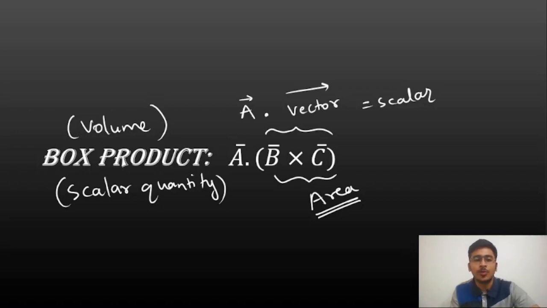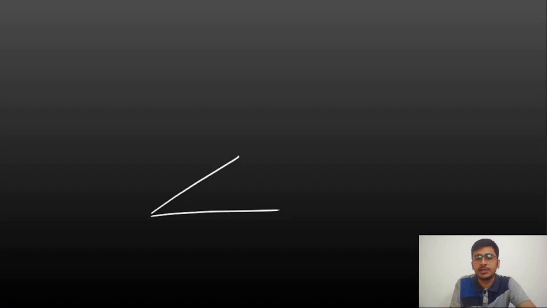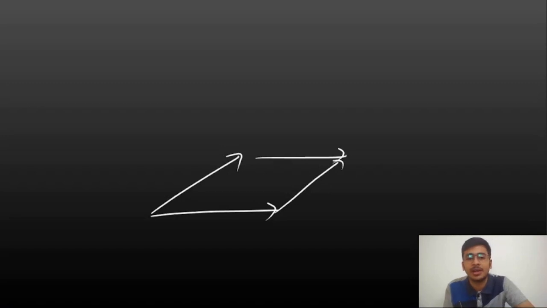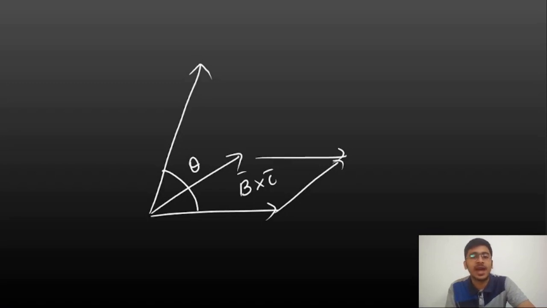Now what is this parallelopiped? Let us understand. Let us say that this is the B cross C part. This gives us the base parallelogram part, B cross C. And if A is at an angle, let's say theta, from this B cross C, whose direction is what?